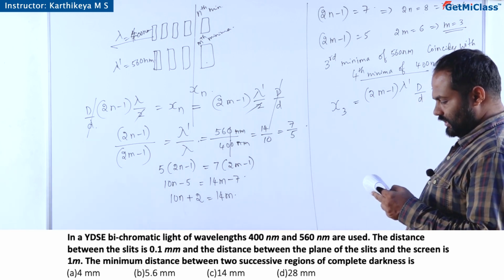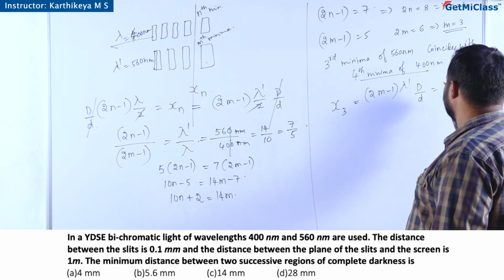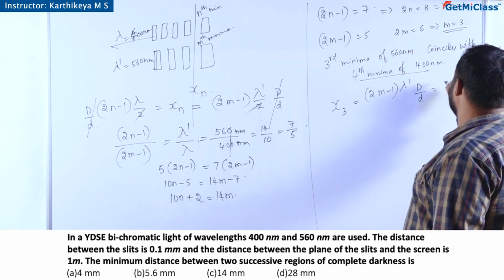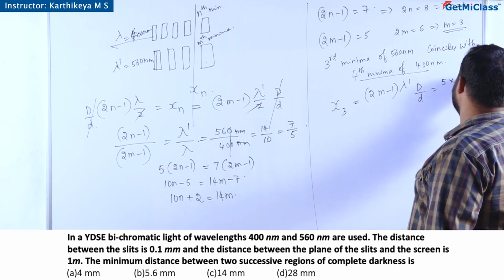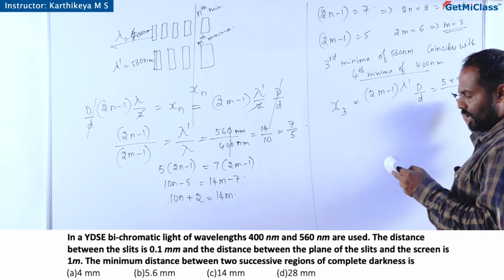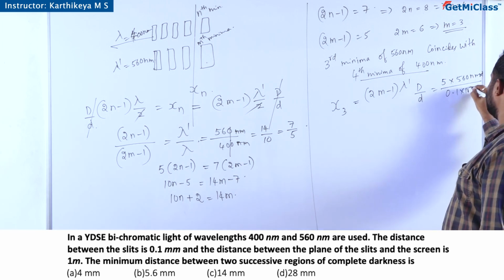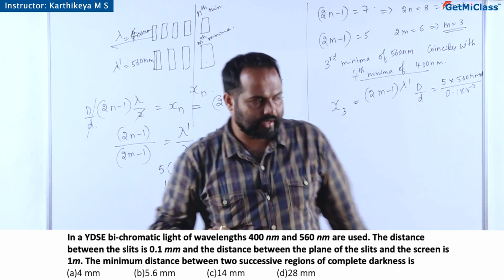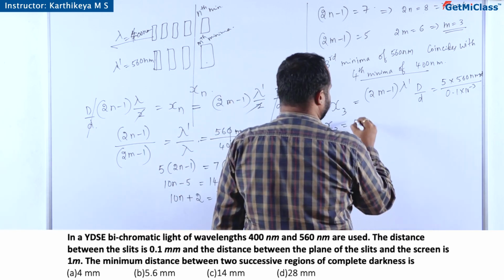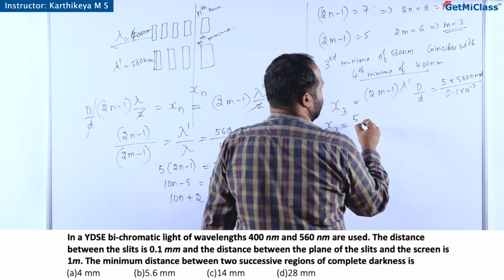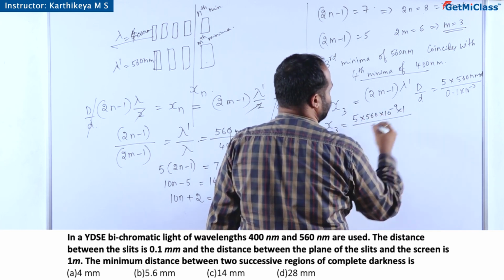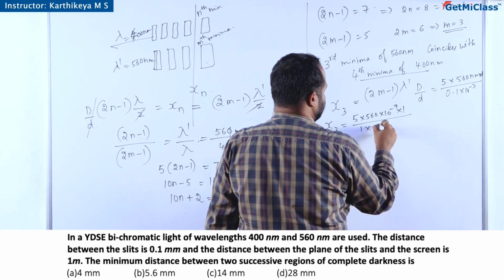The distances are given. So it is 2m minus 1, which is 5, into 560 nanometer into 1 divided by 0.1 into 10 to the power minus 3. So that is the location. So x3, if I calculate, will come around 5 into 560 into 10 to the power minus 9 into 1 divided by 1 into 10 to the power minus 4.